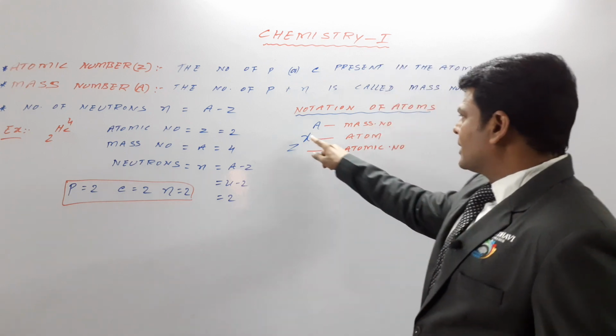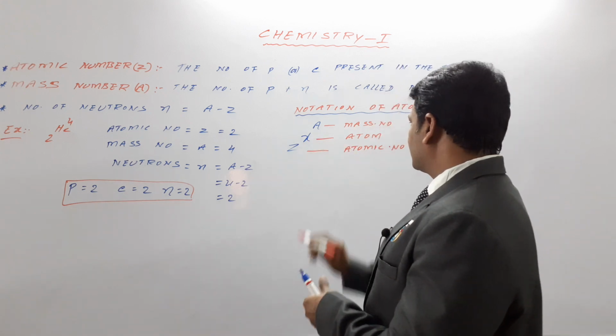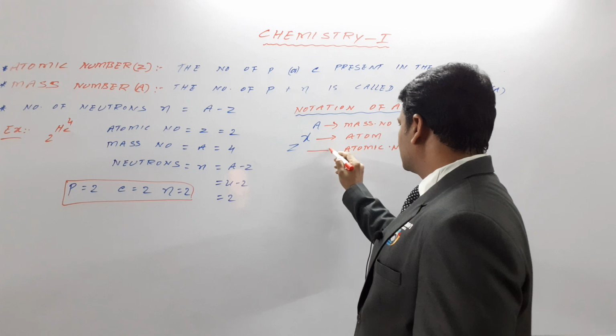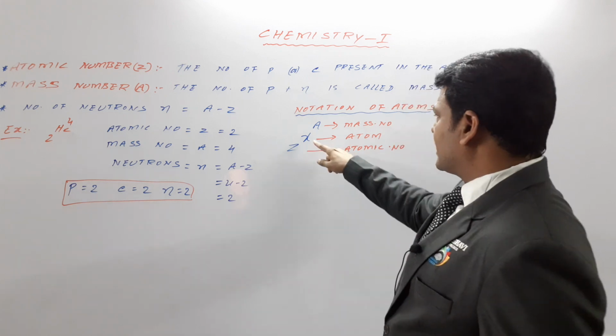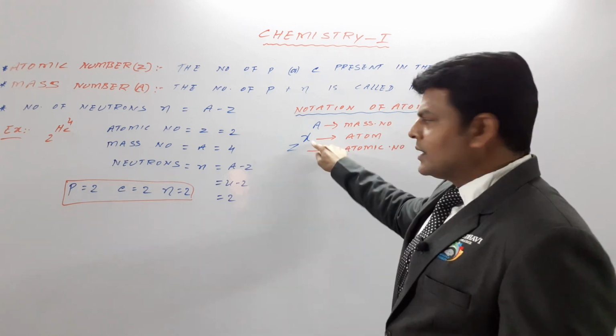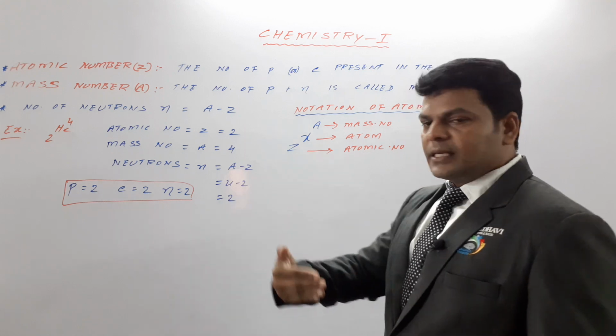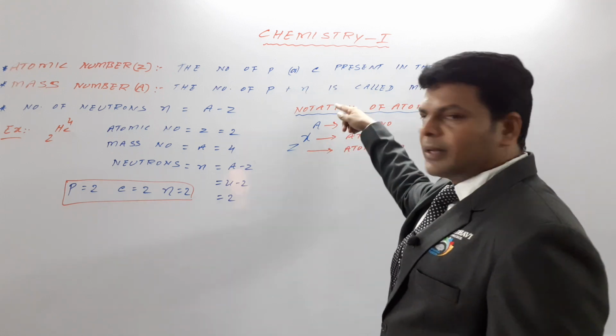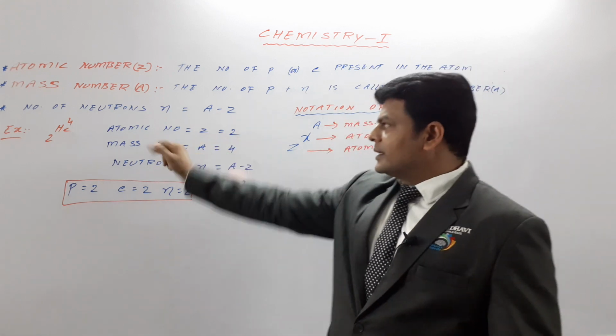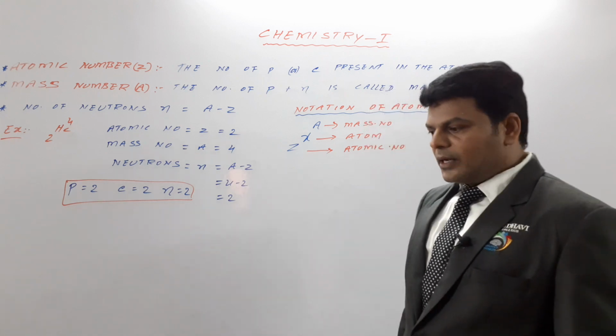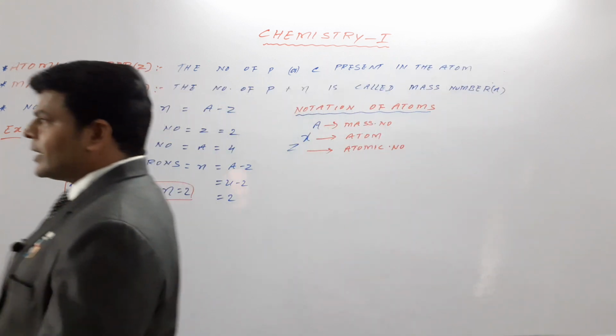So it is the notation of atoms. For the atom X, the atomic number we write as a subscript and the mass number we write as a superscript, like this.